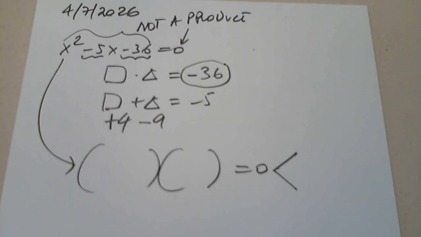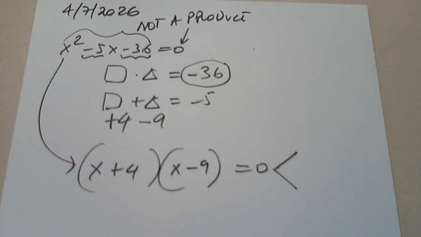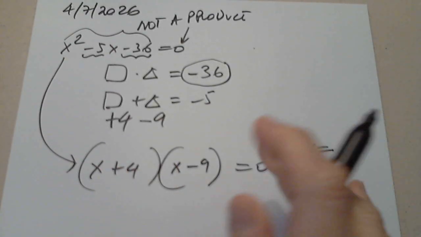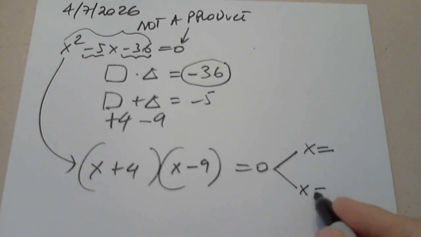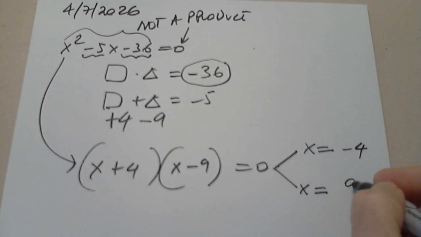That's why I determined them. x minus 9, x plus 4. Indeed. In any order. You can write x plus 4 times x minus 9, or x minus 9 times x plus 4. When you set this equal to 0, what do we get? -4 and 9. Indeed. -4 and +9. Excellent. Any questions?